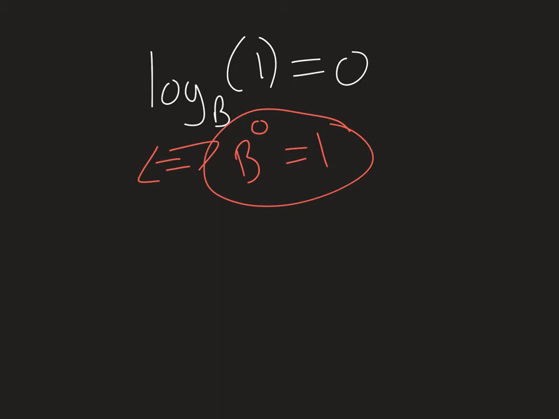Anything to the power of 0 is 1. Basically, I'm just converting it into a logarithm, which we've talked about how to convert in a previous video. So this is a direct extension of this rule that we understand about exponential expressions. So if I'm having log with any base of 1, it'll always be 0.